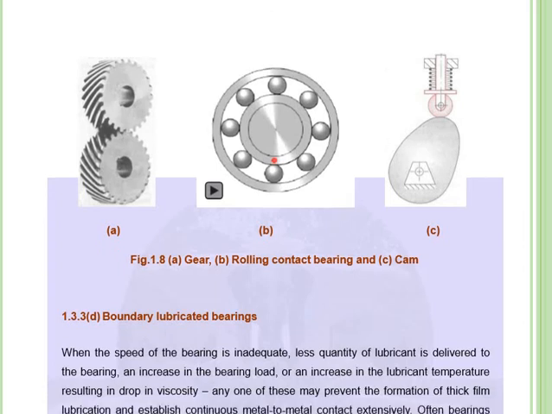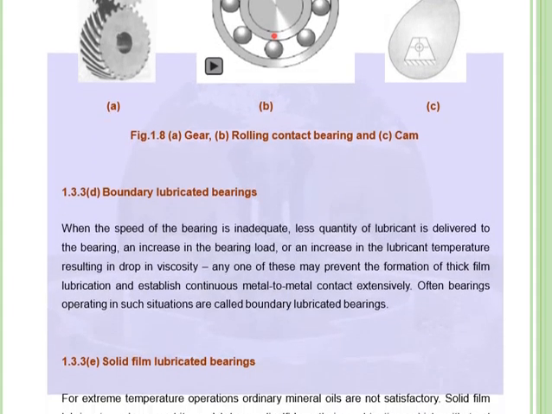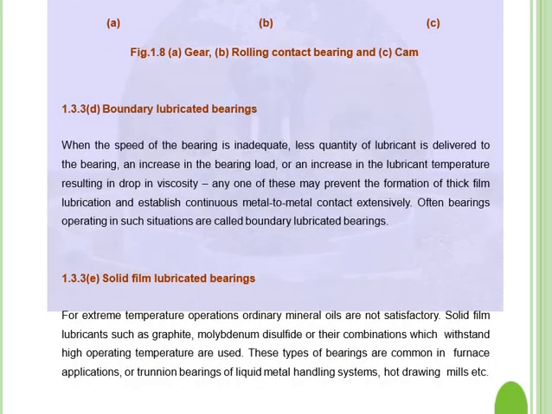Now we will see boundary lubricated bearings. In boundary lubricated bearings, when the speed of the bearing is inadequate, whether it is high speed or low speed, the quantity of lubricant delivered, the bearing load and the lubrication temperature may increase or decrease.